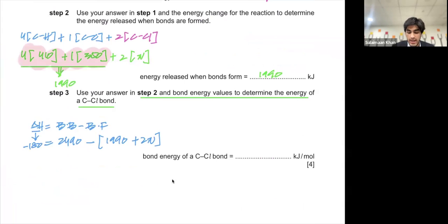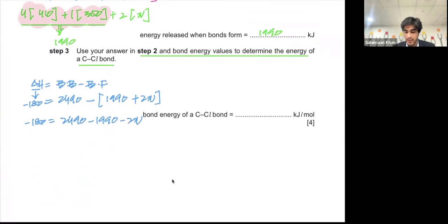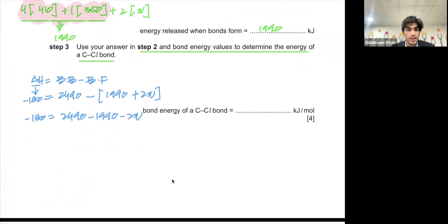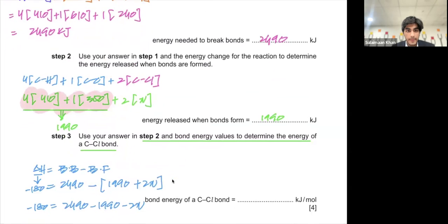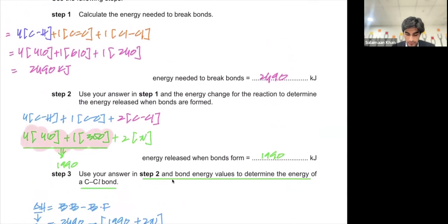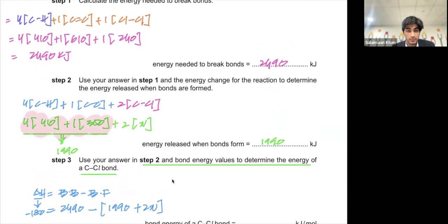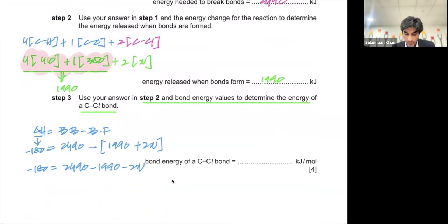The enthalpy change is not 995. What do you get? 2490 minus 99... minus 180. He's given you the enthalpy change and he wants you to calculate it. Calculate the CCl bond. How minus 180?